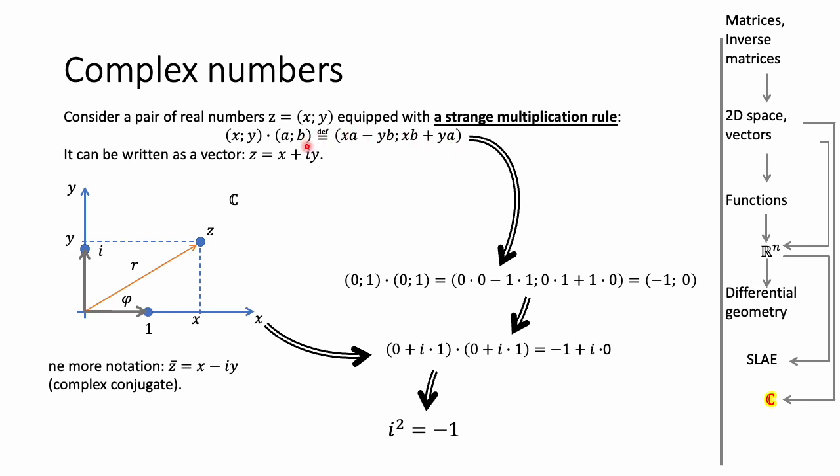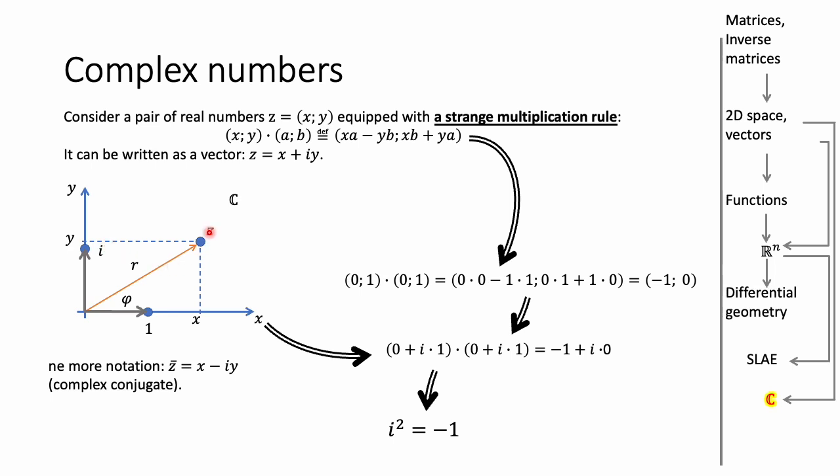We know how to represent a pair of real numbers on a plane. Let's do it. Let's represent z as a point on a plane where the horizontal coordinate x has a Cartesian basis vector just simply called 1, and the vertical Cartesian basis vector is called i. They both have the same length, and why is the vertical one called i? Well, just because.